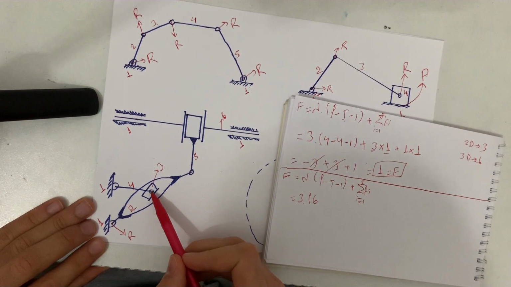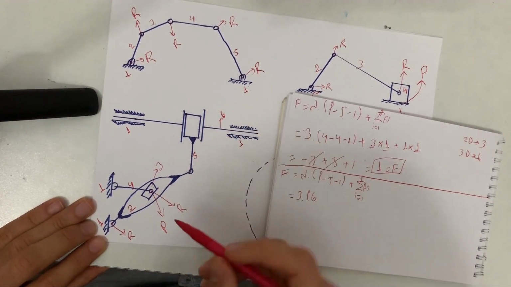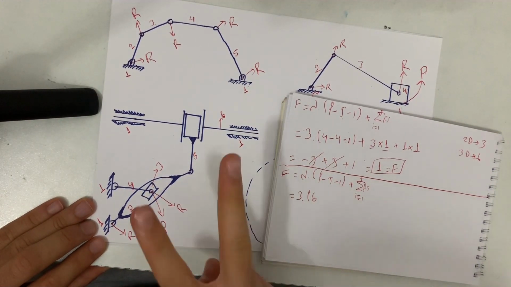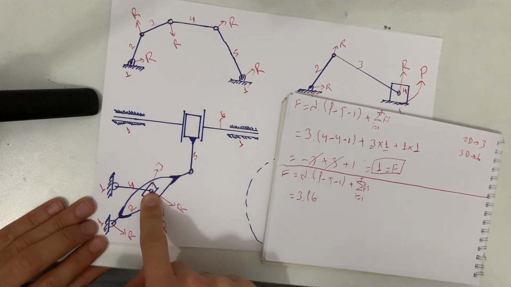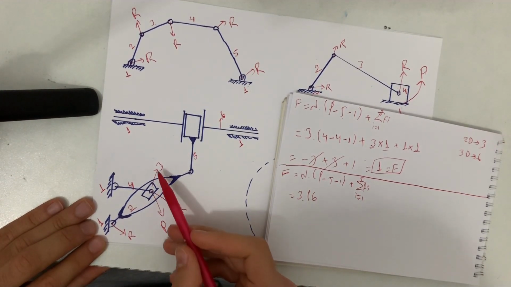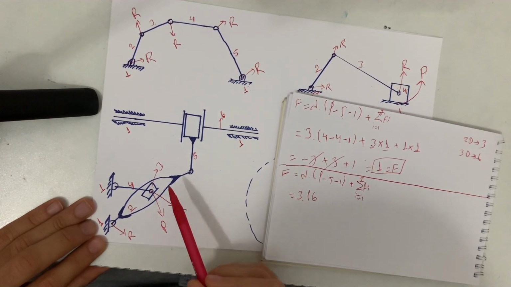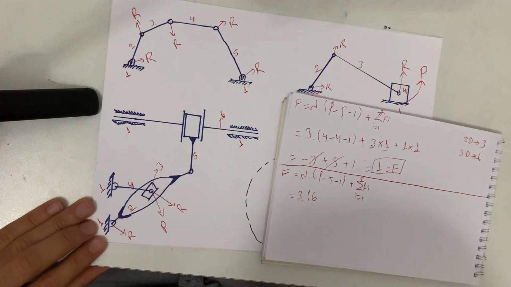But also at this moment, we have an R joint between the third and fourth link, guys. So we have two different joints at the same point. All right, a prismatic joint between the second and third link, and a revolute joint between the third and fourth link.